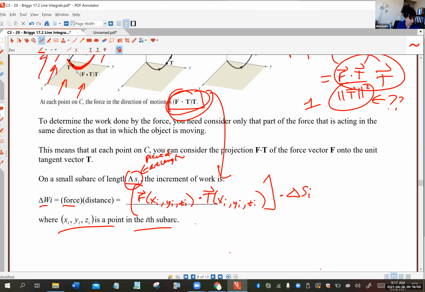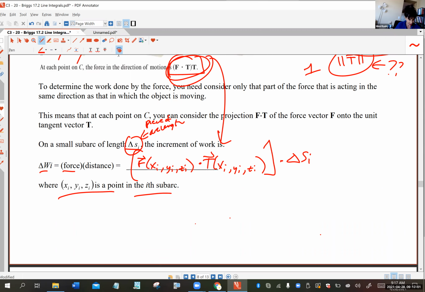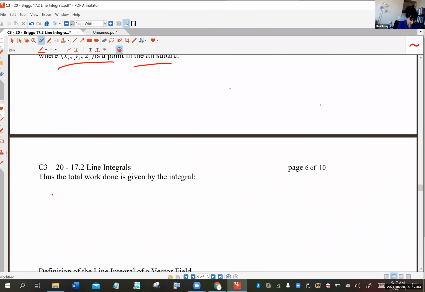So what's going to happen, we're just doing a quick derivation here. The total work done is going to be an integral, and it's going to be a line integral. You're going to take your force F(x, y, z) and take the dot product of that with your unit tangent vector, and then multiply it by a little arc length. That's your arc length element.